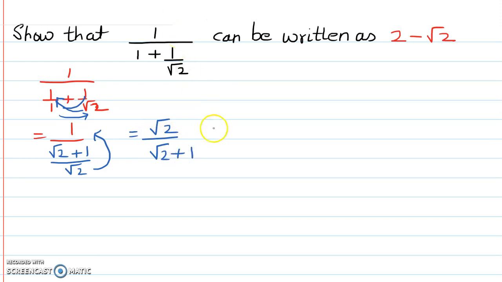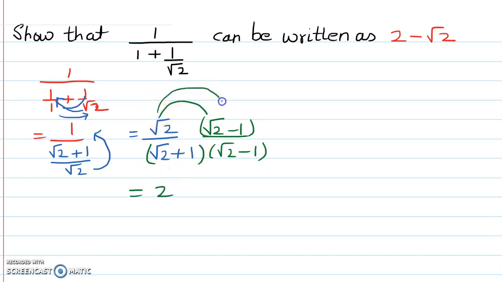It has become our previous question. So change the sign of the denominator, multiply in the numerator, and multiply in the denominator. So once you multiply, root 2 times root 2 is 2, and root 2 times minus 1 is minus root 2. Let's multiply here. Root 2 times root 2 is 2.